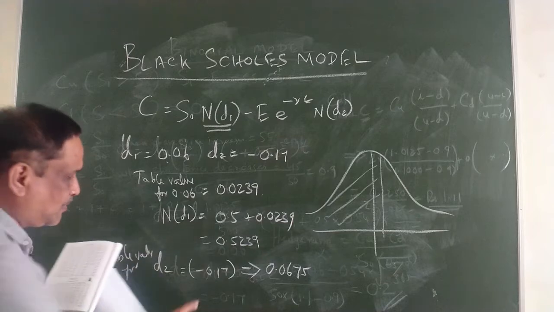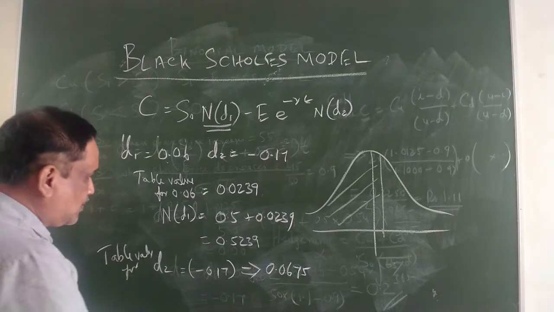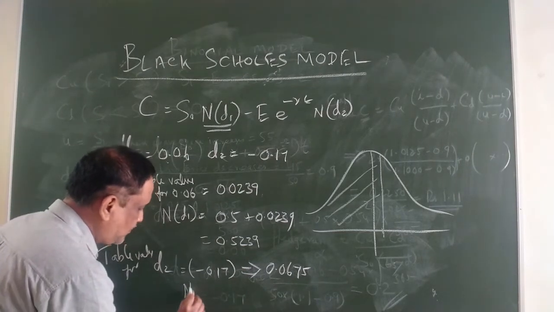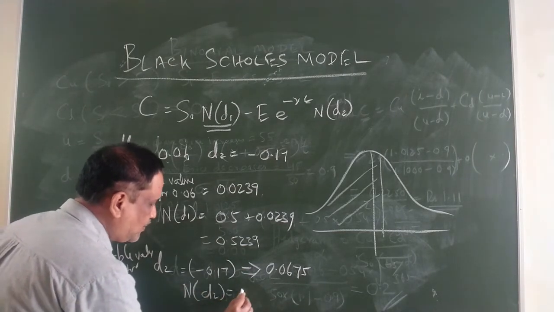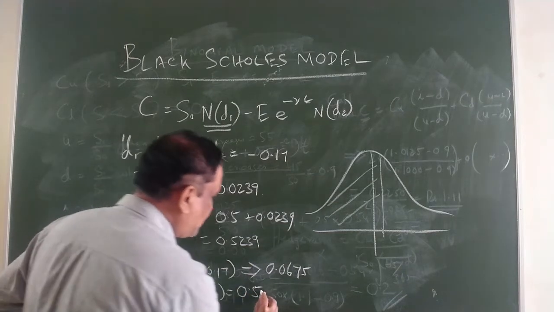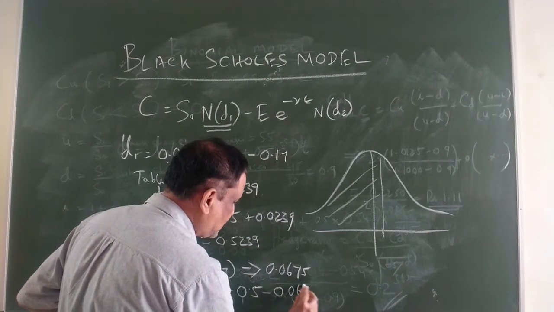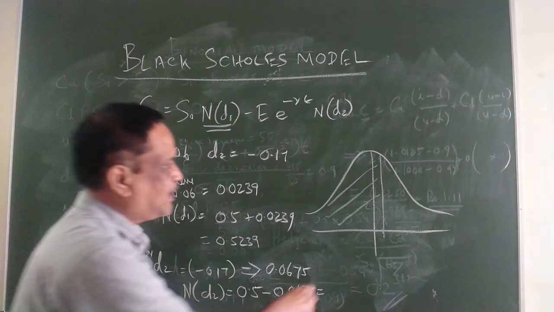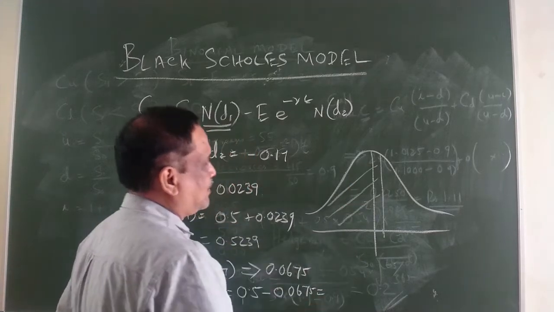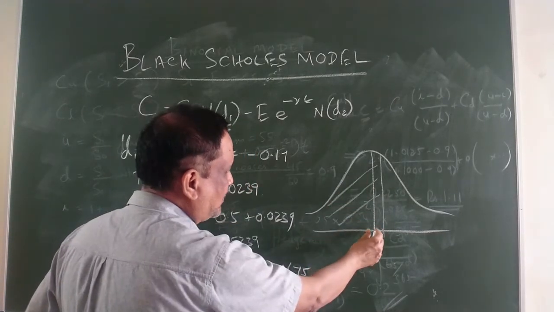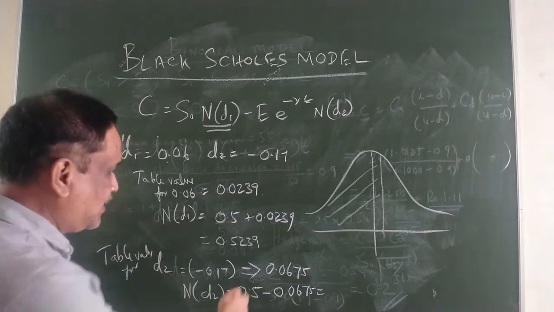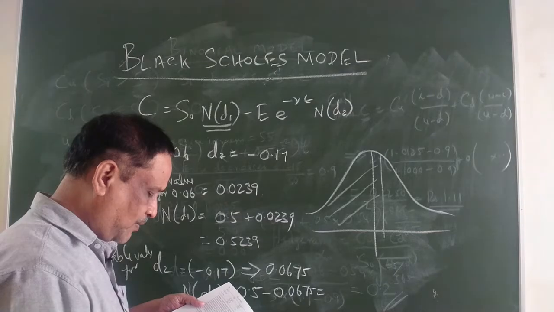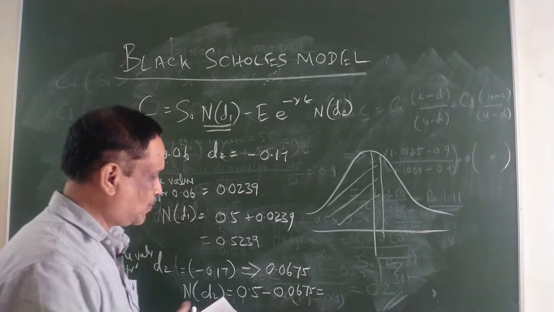But we are concerned with minus 0.17. Hence, as it is a minus symbol, N of d2 will be 0.5 minus 0.0675. Here it pertains to this area, so we have to deduct this particular area. So we are getting 0.5 minus 0.0675, which is 0.4325.